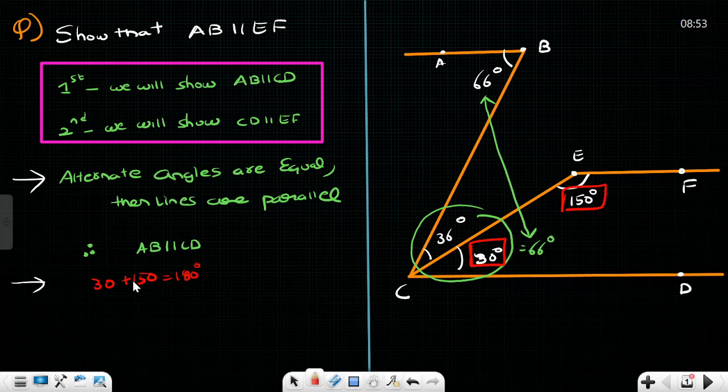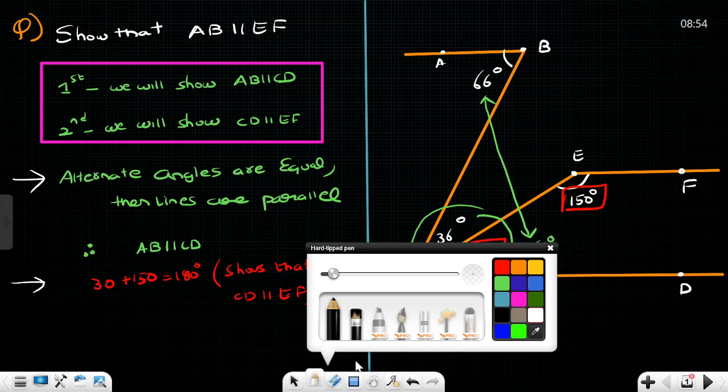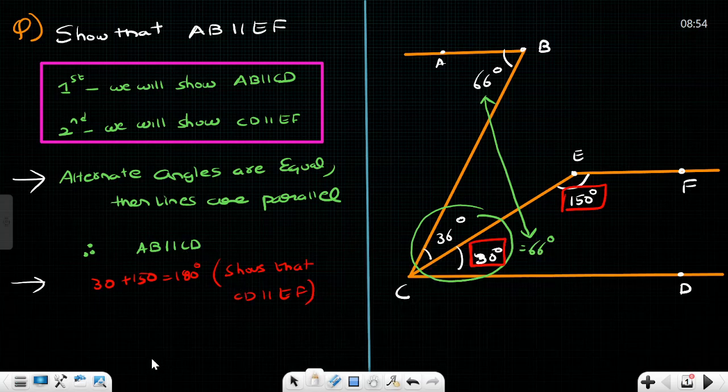If the angles inside two lines add up to 180 degrees, that shows that CD is parallel to EF. So hence proved, Akshita: AB parallel to CD, CD parallel to EF, which implies AB parallel to EF. Hence proved. Is that clear?